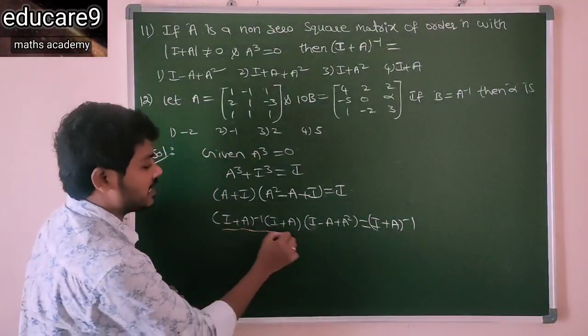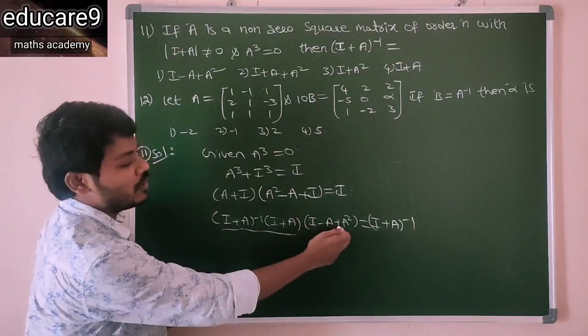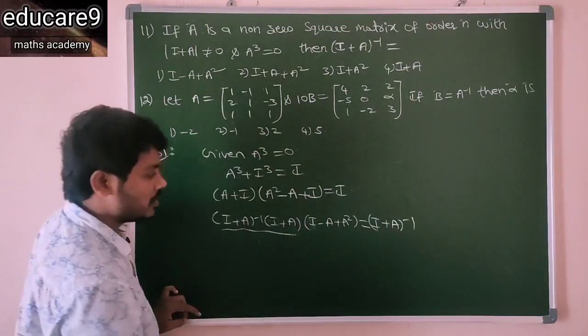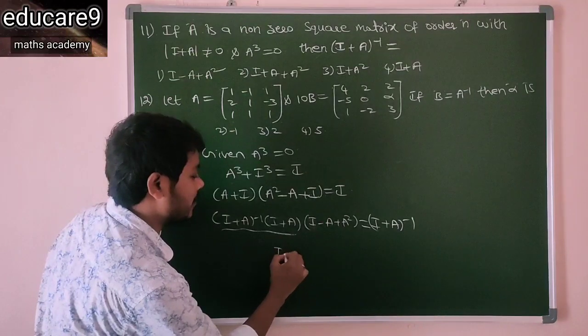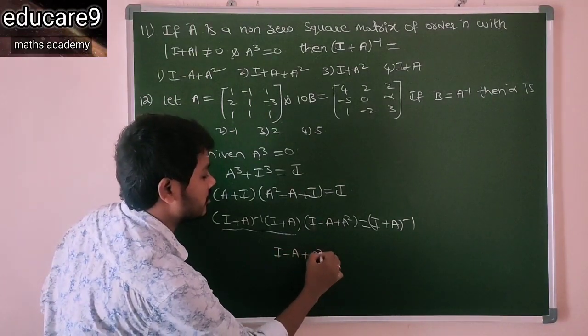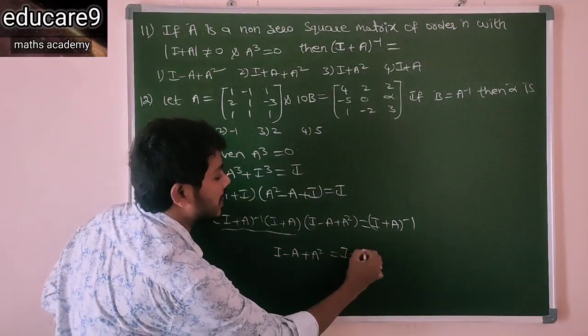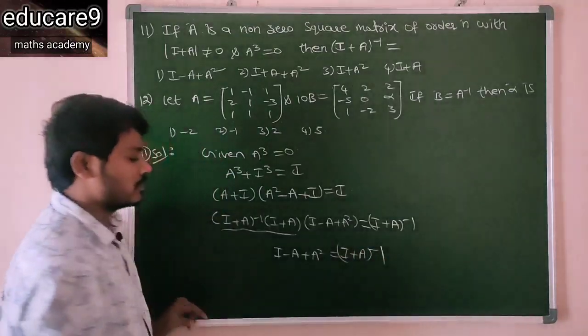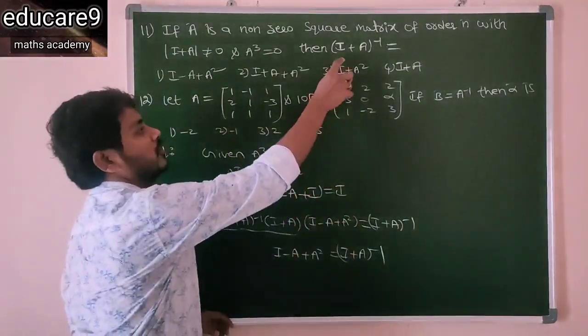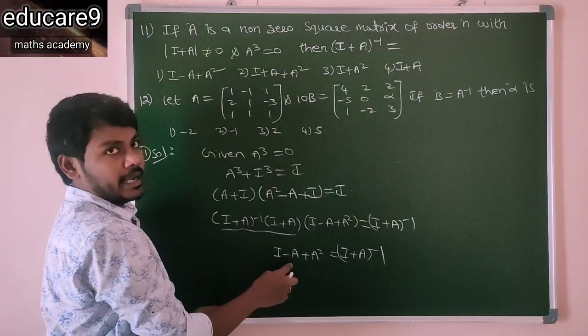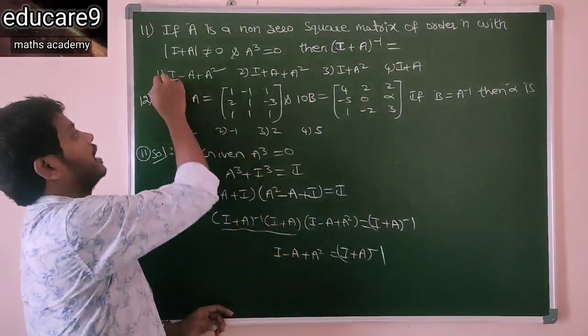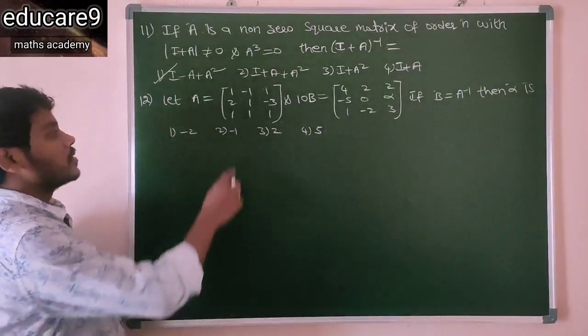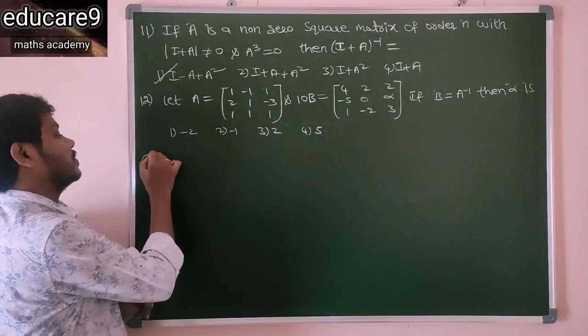So here this is identity matrix into (I minus A plus A square). So again we will get I minus A plus A square. Therefore (I plus A) whole inverse is I minus A plus A square. So clearly option 1.